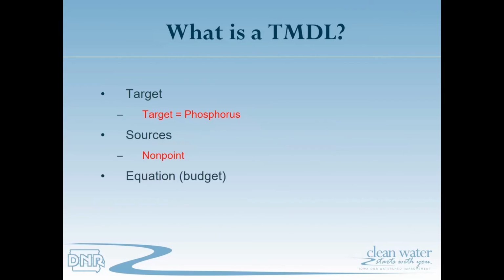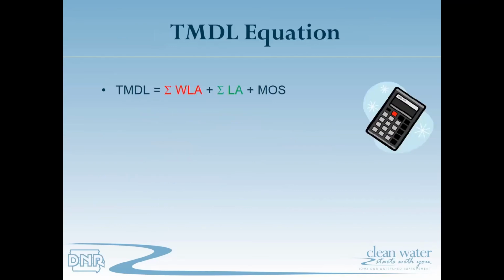And now let's actually go into the equation, that budget or that tipping point that shows where water quality expectations would not be met. If you can just break it down into a simple equation that's, again, explained in more detail in the document, we have the sum of WLA or waste load allocation plus the sum of LA or load allocation and MOS or margin of safety.